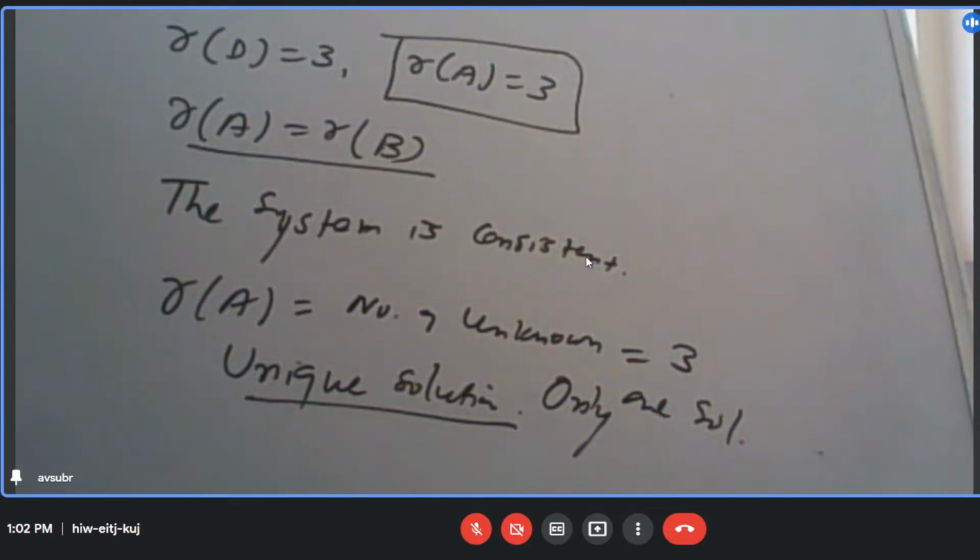समझ में आ गया सबको? सर, नंबर ऑफ अननोन 3 कैसे? देखो ना, इक्वेशन क्या दिया हुआ है.